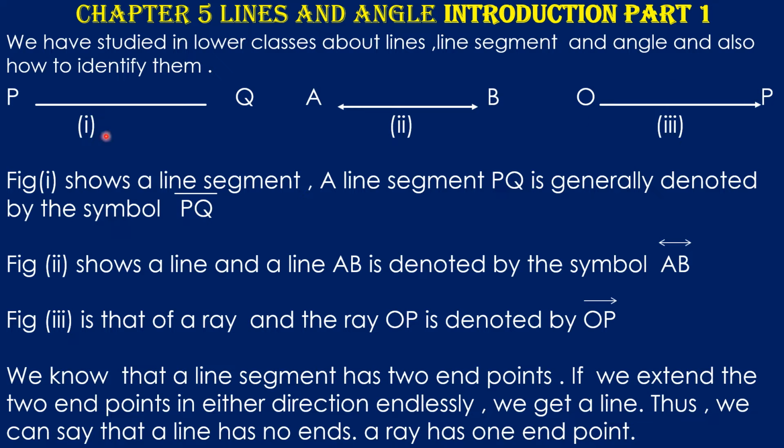Therefore, a line segment has two endpoints, a line no endpoints, and a ray one endpoint. So this is about a line segment and a ray.